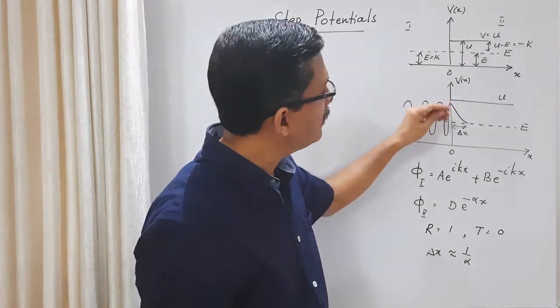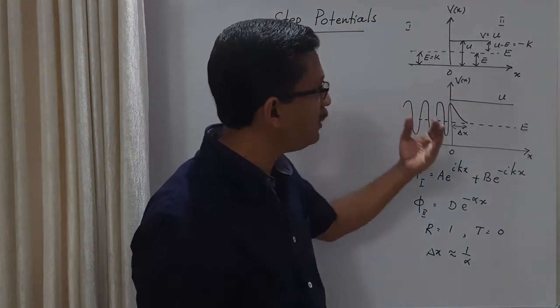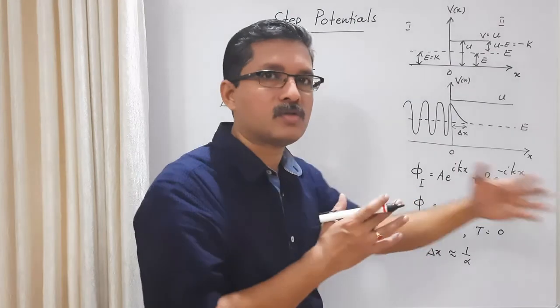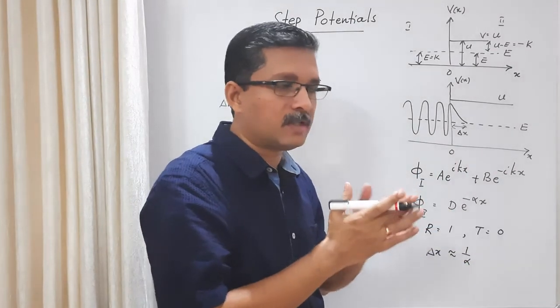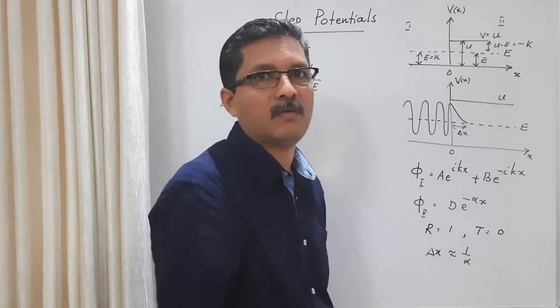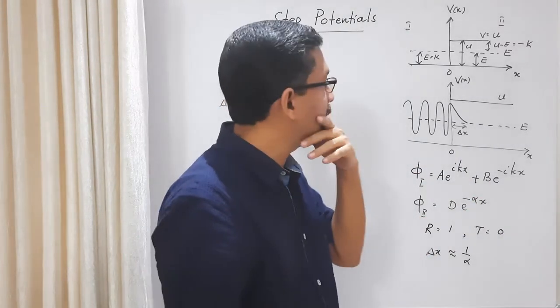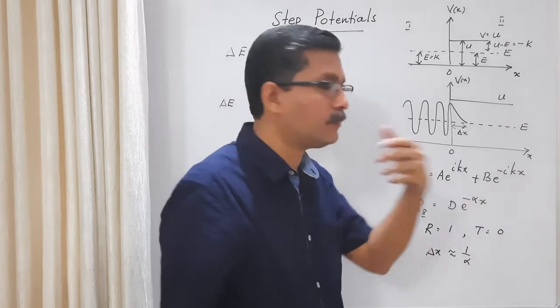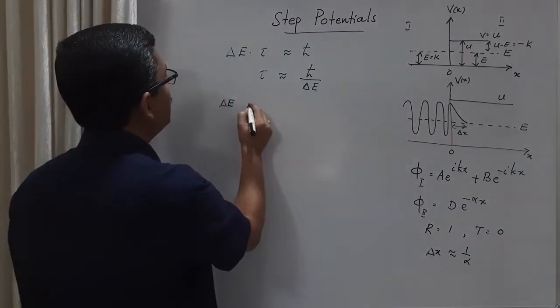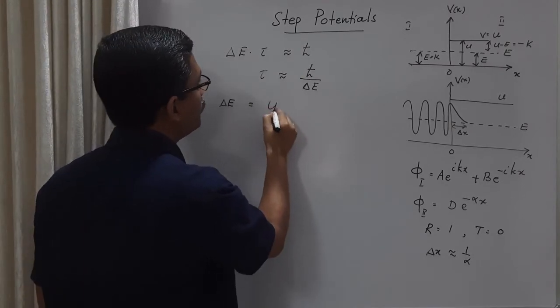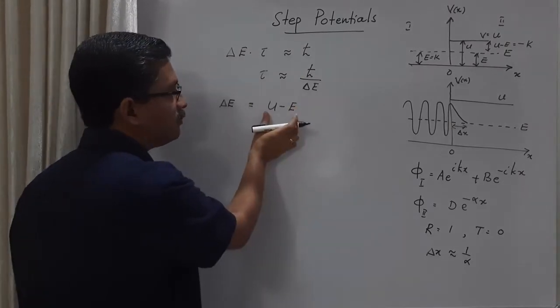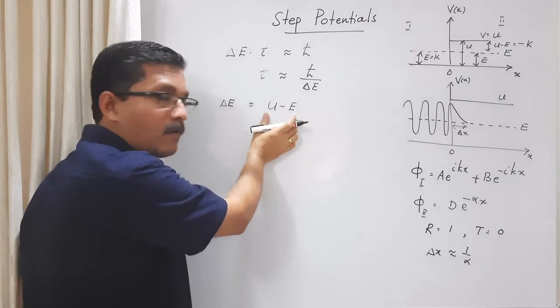In addition, if their energy is simply U minus E, they will not cross over into region 2, because they are able to overcome the barrier, but there is not enough energy to move further or penetrate further. So the energy that the particle requires is U minus E to overcome the potential barrier.